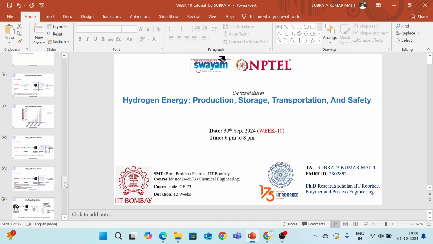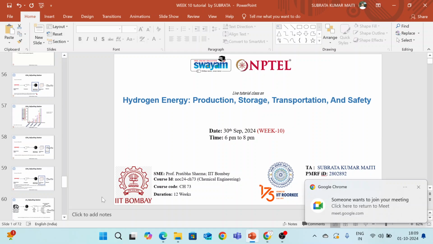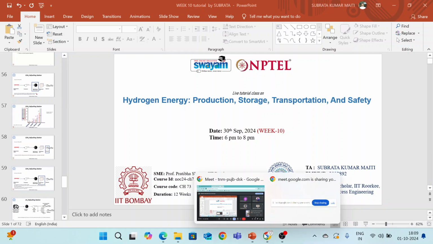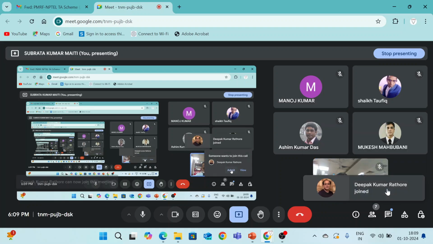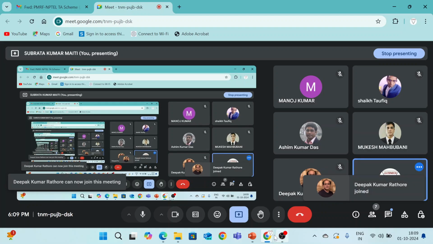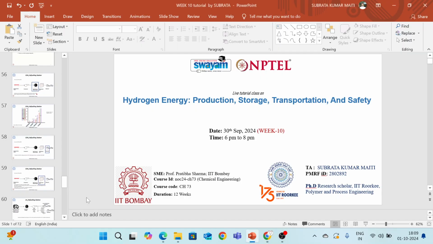I will show you the electrolyzer cell and fuel cell setup such that it can be a little visualization to you, how it looks.